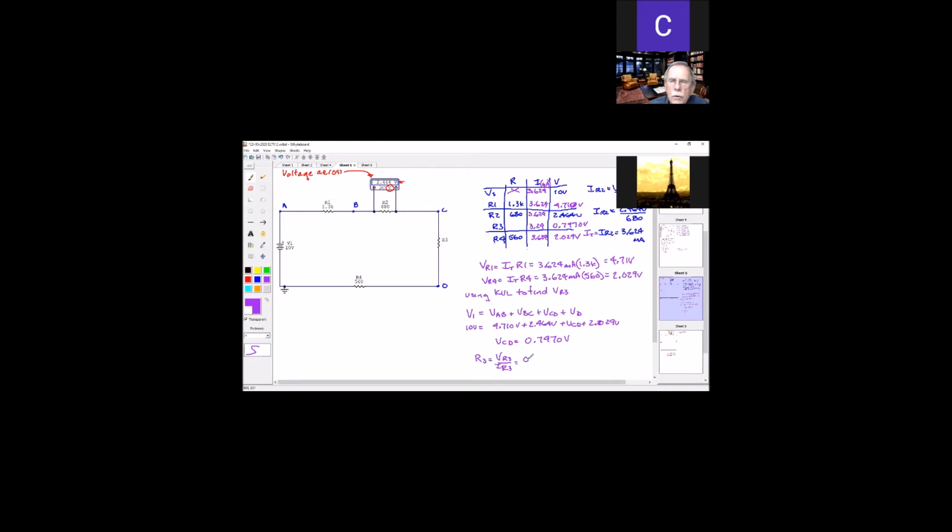So we've got 0.7970 volts divided by 3.624 milliamps. So we come up with 219.9 or 220 ohms.